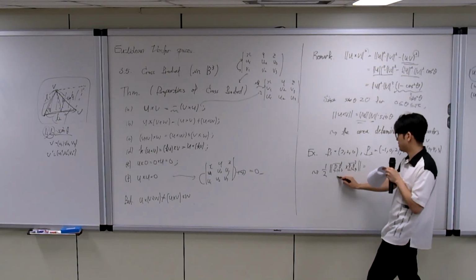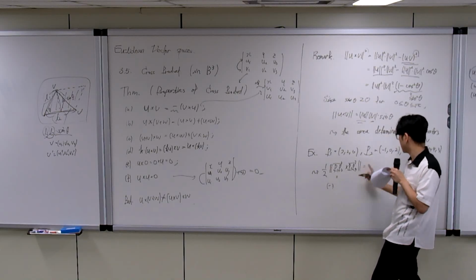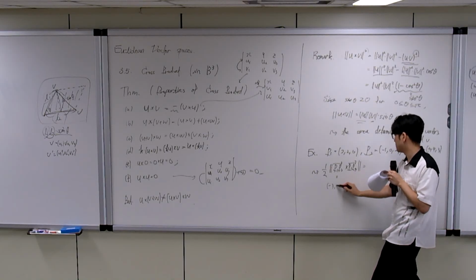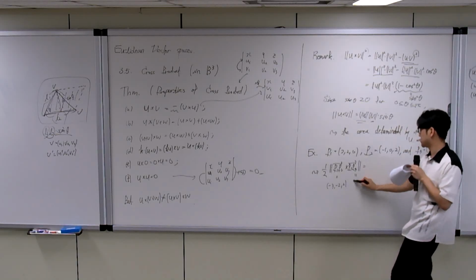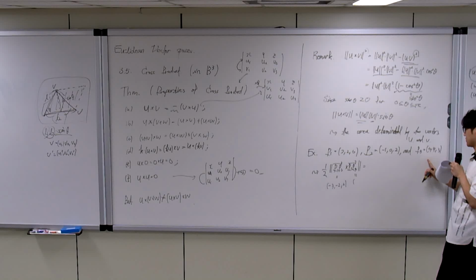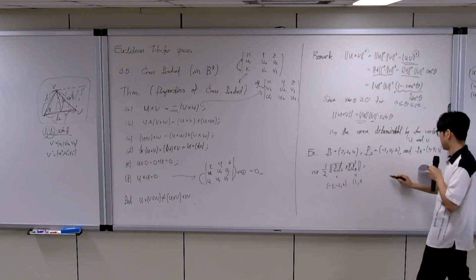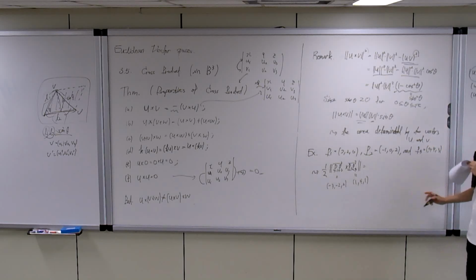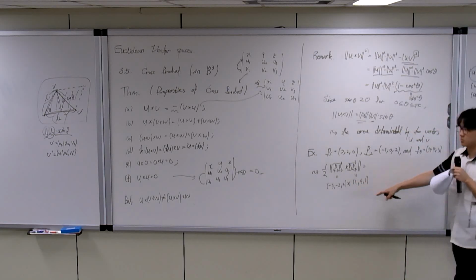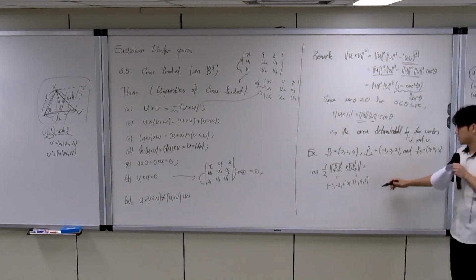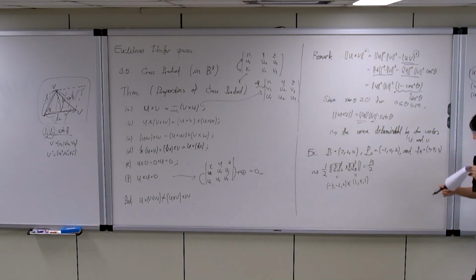P1 to P2 is (-3, -2, 2), and the other vector is (1, 4, 1). If you calculate the cross product of the two vectors, then you might get 15. I will skip the calculation.